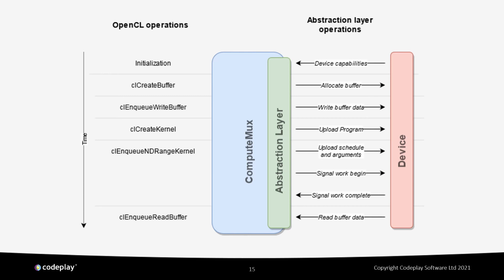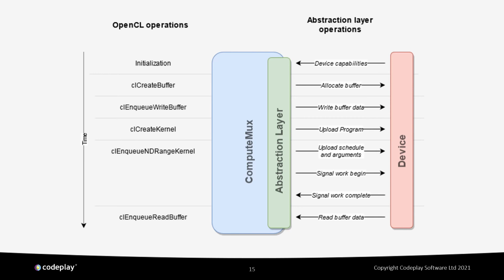And so a couple of steps here, the work schedule will have to be uploaded to the device. And so that is the details of the ND range to actually work over, as well as an argument pack. So this is all of the arguments that are going to be passed to the kernel, because they need to be accessible on the device when we call that kernel.